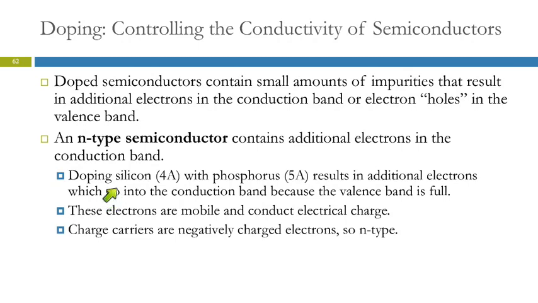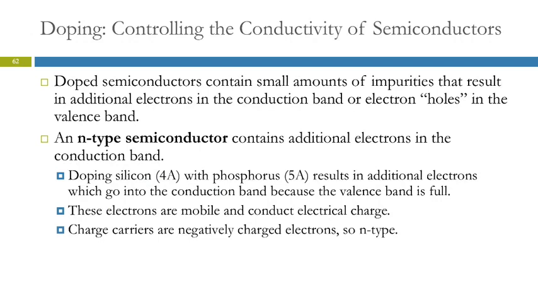So silicon is a semiconductor. It's in group 4. If we throw a little bit of phosphorus in with the silicon, phosphorus has 5 valence electrons compared to silicon's 4. So in this doped semiconductor, we have some extra electrons. They have to go into the conduction band because the valence band is full.